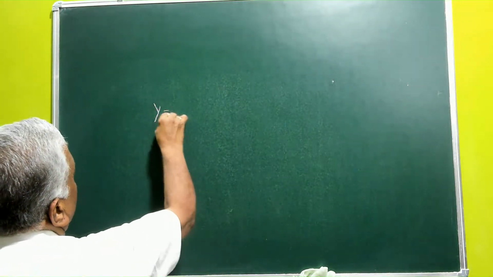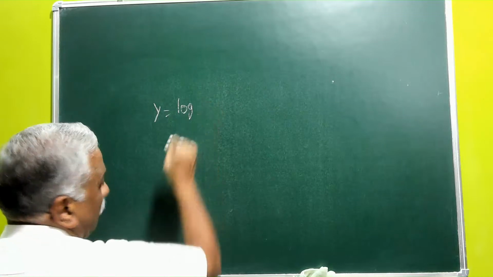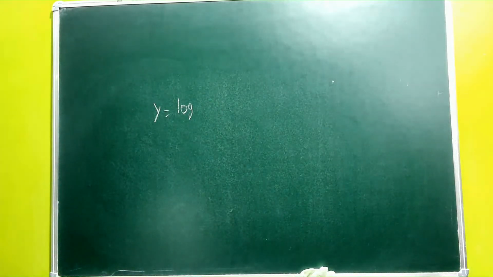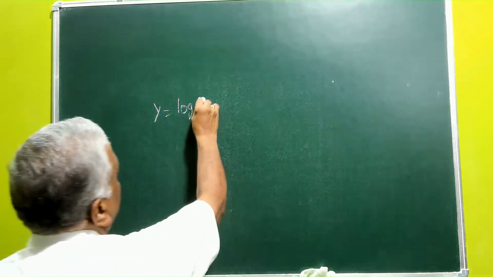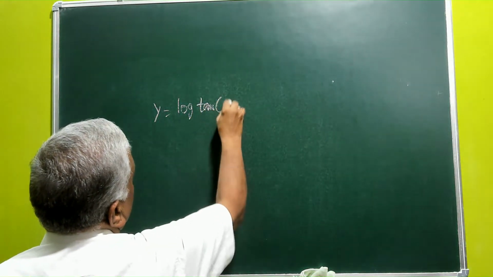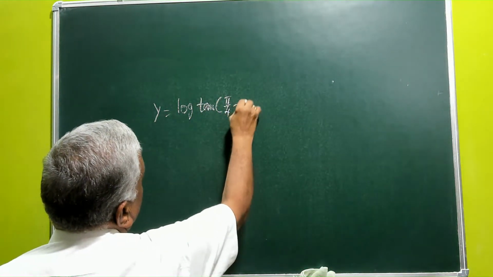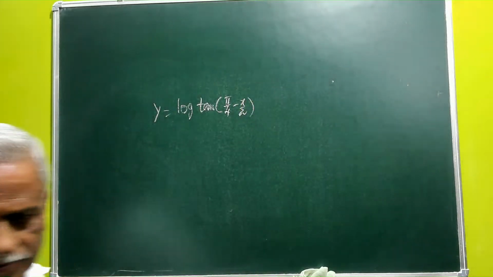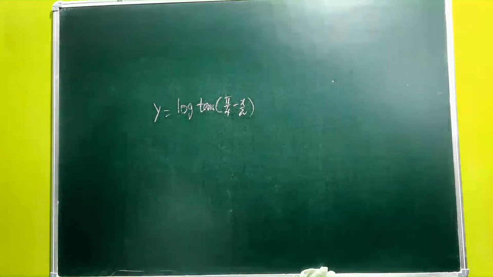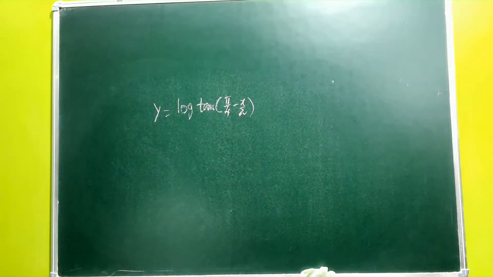If y is equal to log of tan of pi by 4 minus x by 2, then dy by dx equals.